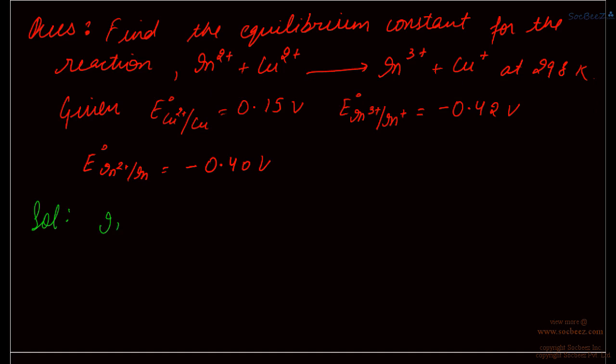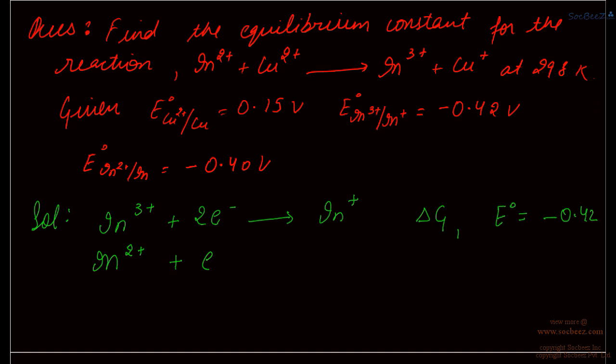Now if we write the reactions, we get In3 positive plus 2 electron gives In positive. It has a certain delta G value, so let's denote it as delta G1, and E naught is given to us as minus 0.42. Now In2 positive plus electron gives In positive.